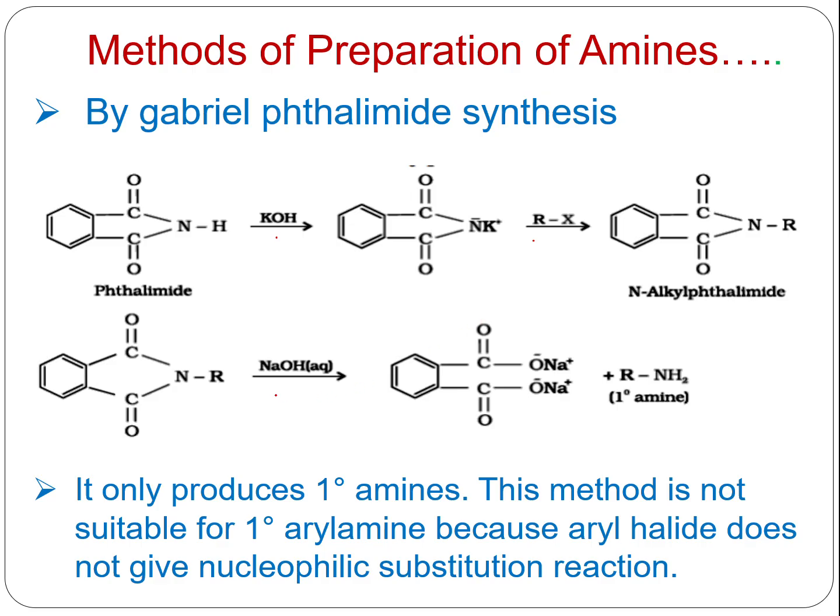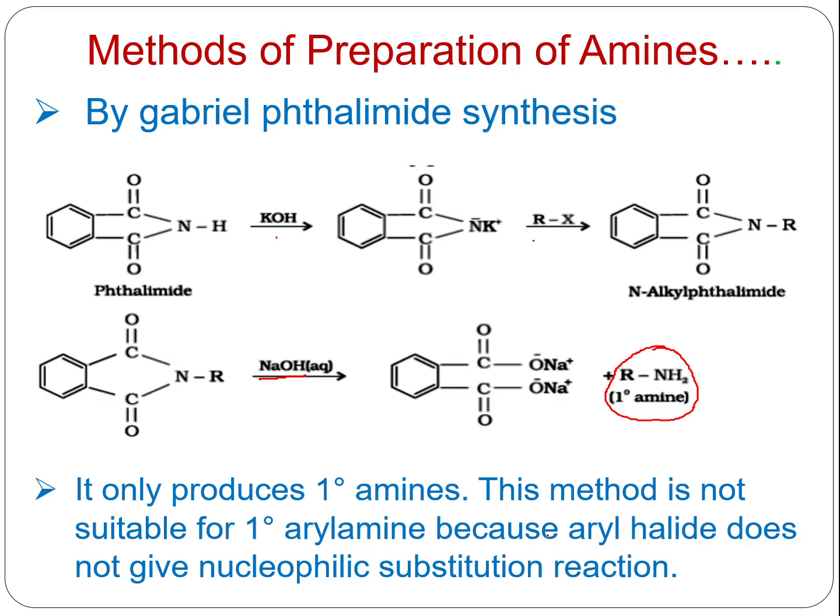Now this N-alkyl phthalimide is next treated with the base, aqueous sodium hydroxide, and it is giving a primary amine. So this reaction, Gabriel phthalimide synthesis, is used for the preparation of only primary amines.